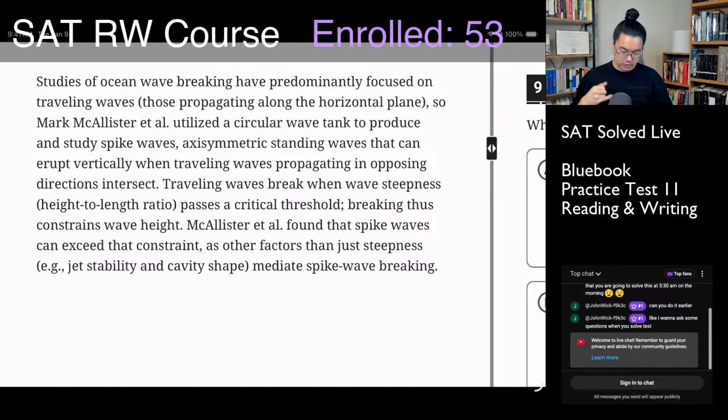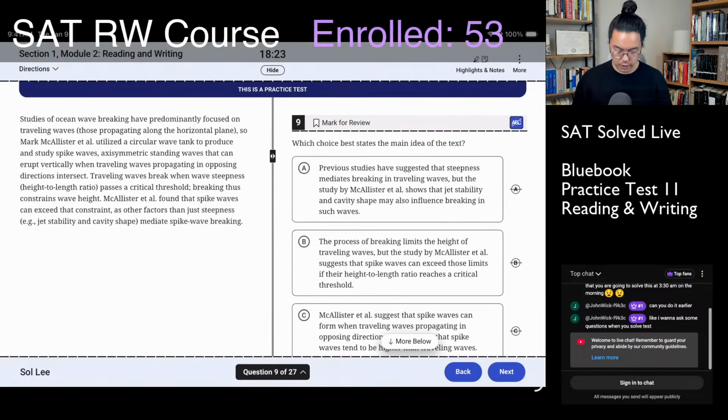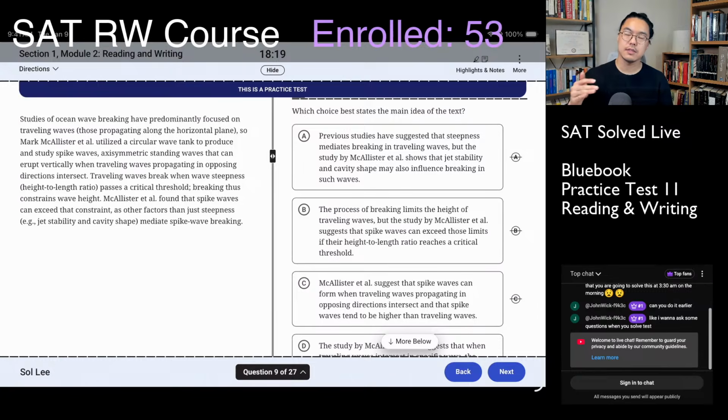It's also about jet stability, whatever the hell that is, and cavity shape. Okay, main idea of the text, in my own words: traveling waves have a certain limit, but spike waves can. These guys did the circular wave tank thing, and they found that spike waves can go beyond that limit.